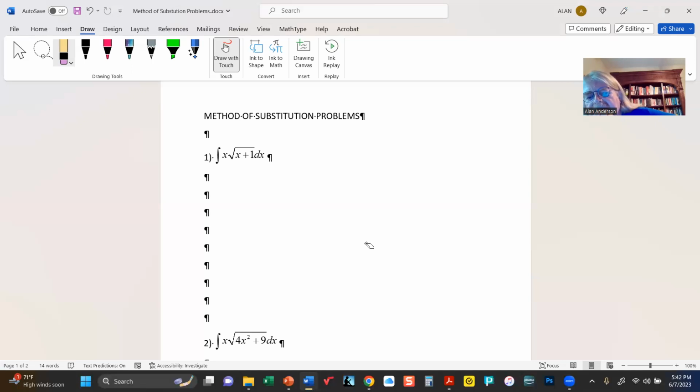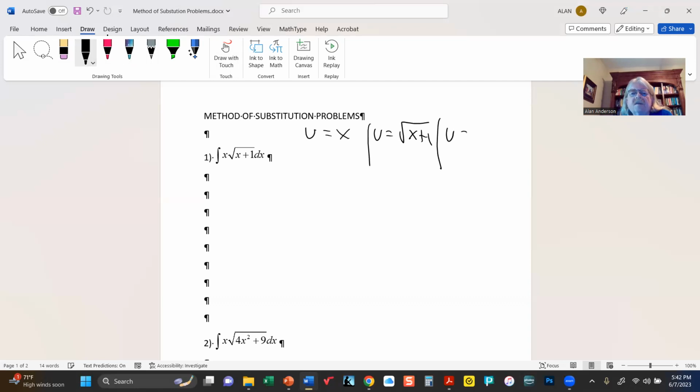So like this one, it looks not too bad, but it is a little bit tricky. So what we're going to do with this one is we have to decide whether we should let u equal x, or maybe it should equal radical x plus 1, or maybe it could equal x plus 1.